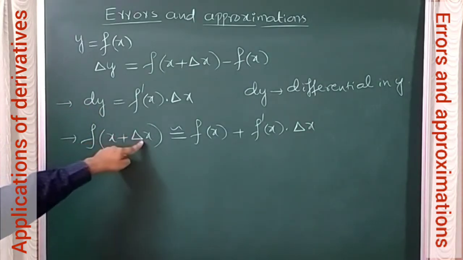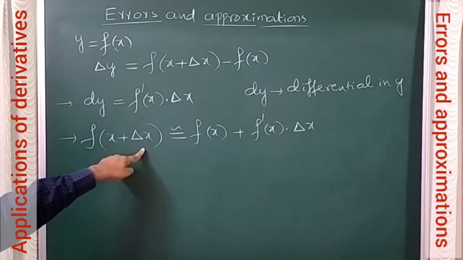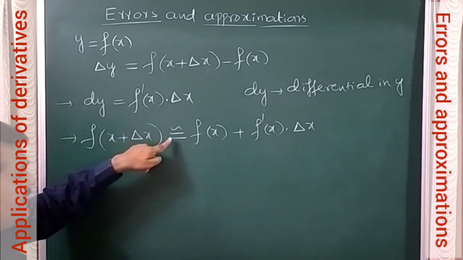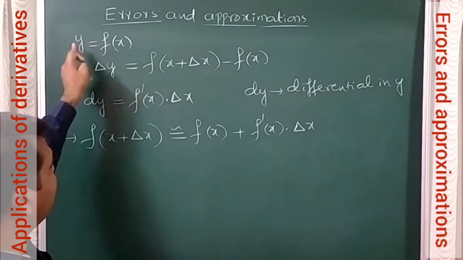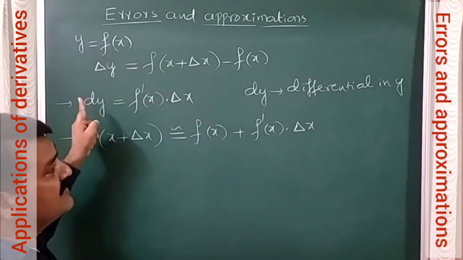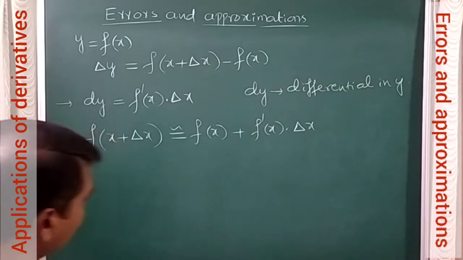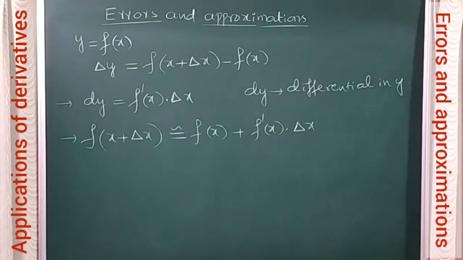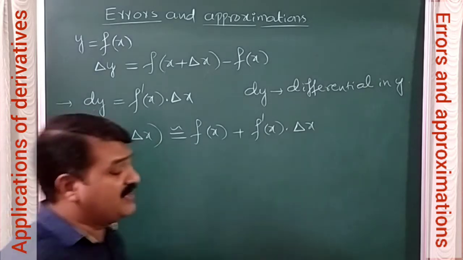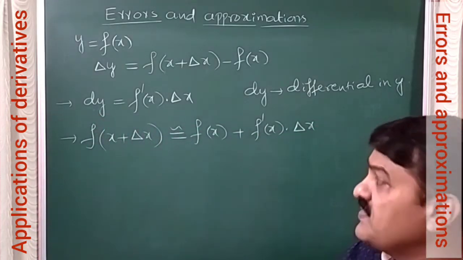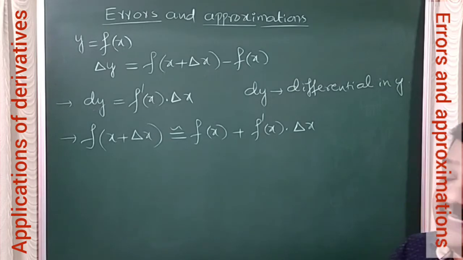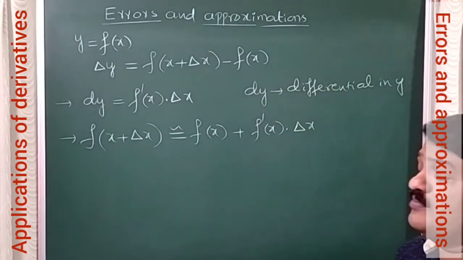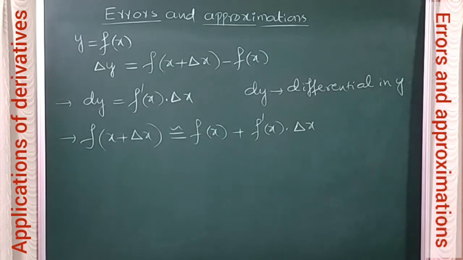So f of x plus delta x, meaning x plus its error, can be approximately taken as f of x, the original value of y, plus the differential in y. So the formula is f of x plus delta x approximately f of x plus f dash of x into delta x. These are the basic formulas of the terms which we have to use while solving problems related to errors and approximations. So let us move on to the problem discussion now.